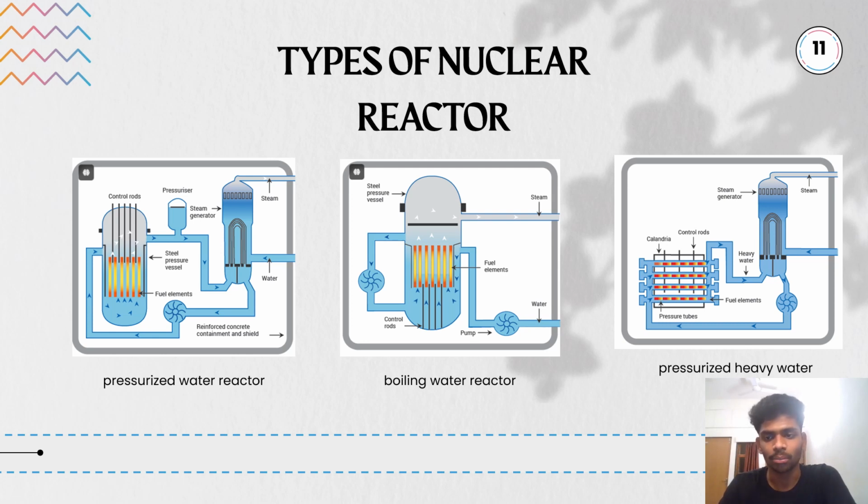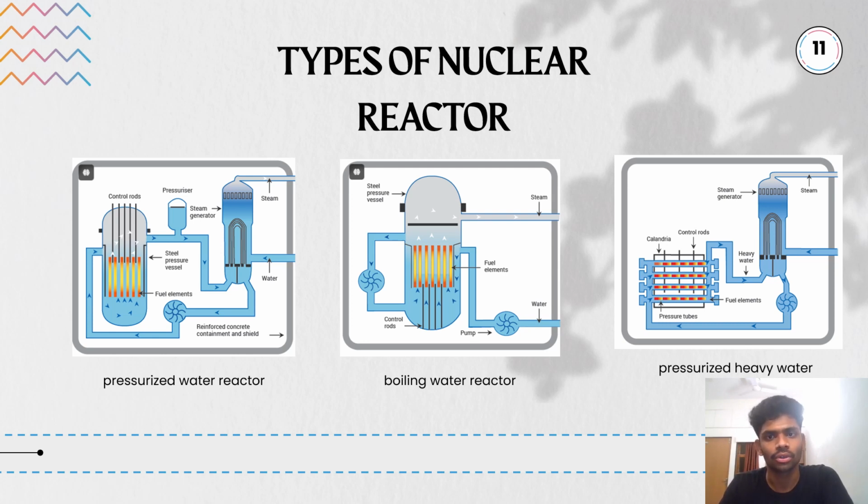Now, if you look at the boiling water reactor, this is the steel pressure vessel. This is steam. These are the fuel elements. This is known as the control rods. This is known as pump, and from here the water is taken. Now, if we see the pressurized heavy water reactor, this is called steam generator. This is called steam.